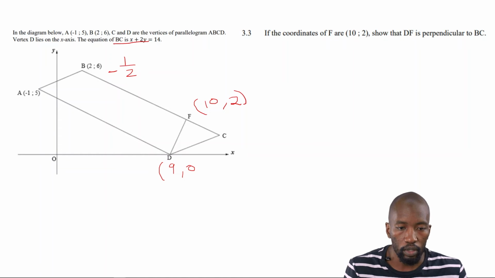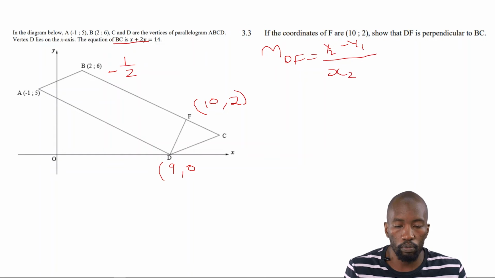So let's find the gradient. So m of DF is equal to y2 minus y1 over x2 minus x1. Now this will just be 2 minus 0 over 10 minus 1. And what does this give? 10 minus 9, not 1, 9.